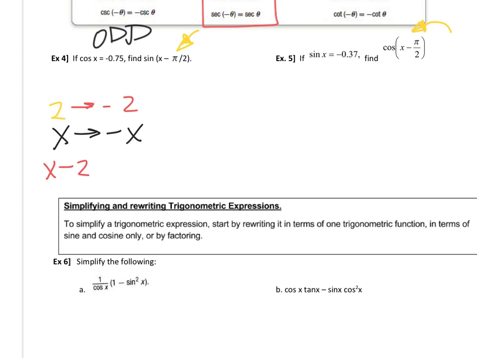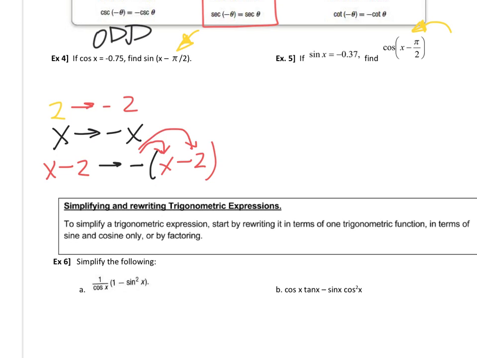Just not true. So when you find the opposite, you're taking the opposite of what you had on the other side. Because this has addition, you want to make sure that you distribute that negative sign. Because you have these two terms, you've got to take the opposite of each.